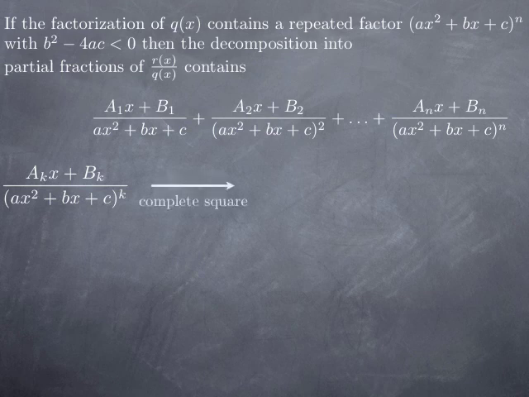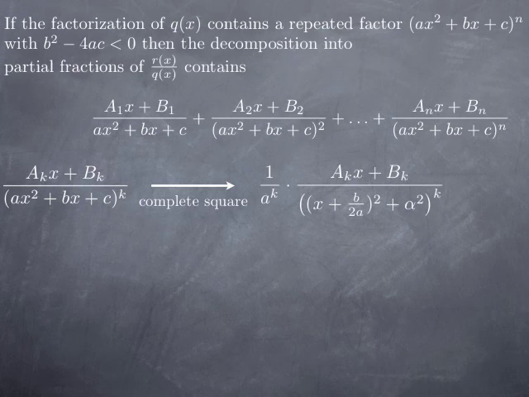Specifically, we start with completing the square. So we factor out a, and when we pull it out of the power k, we get 1 over a to the k, and then we have this x squared plus b over a x, in which we complete the square. So we take 1/2 of the coefficient of x, so we get something that looks like that, where alpha squared corresponds to some positive term.